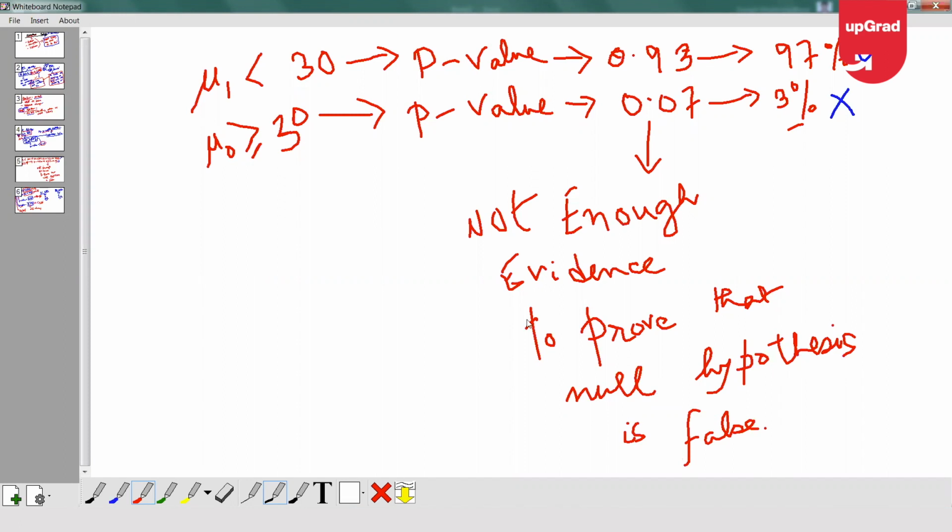So we do not have enough evidence to prove that the null hypothesis is false, or not enough evidence to reject the null hypothesis, or not enough evidence to accept the alternate hypothesis.